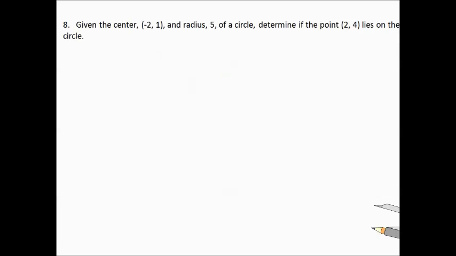Now sometimes you're going to be given other information and asked to determine something. Let's read what there is here. Given the center and radius of a circle, determine if the point (2, 4) lies on the circle. Usually for these, it's helpful to have an equation.